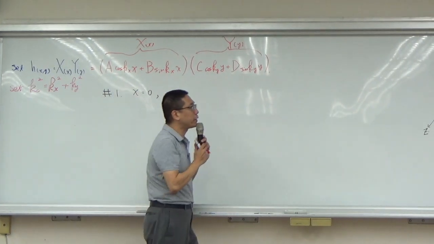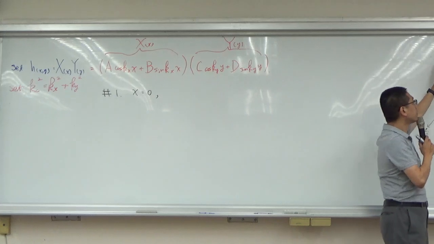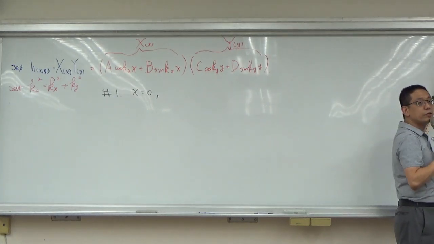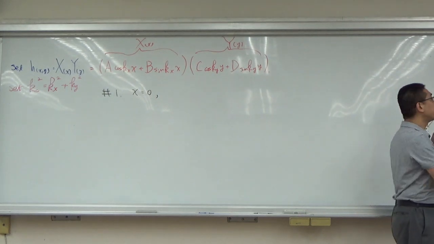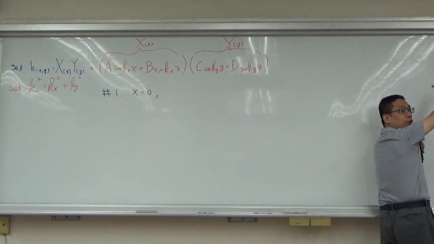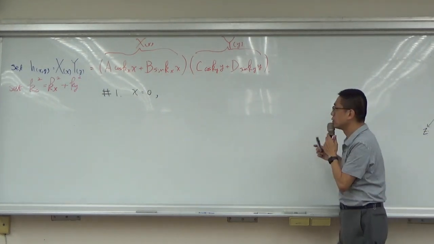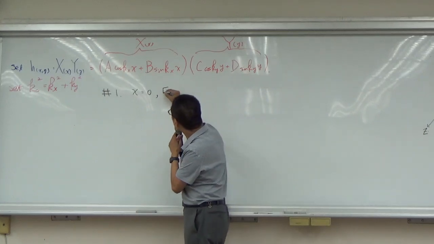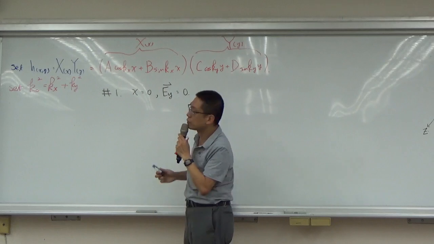On this boundary, what is the tangent E field on it? The tangent E field is EY, to the y direction. So EY equals to 0.